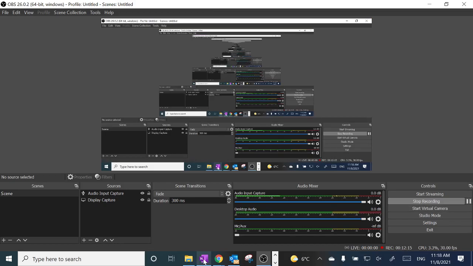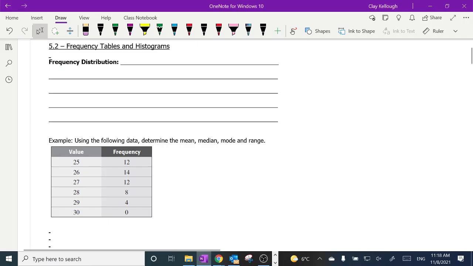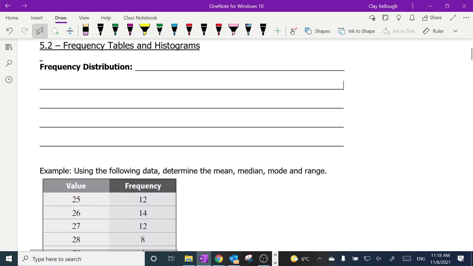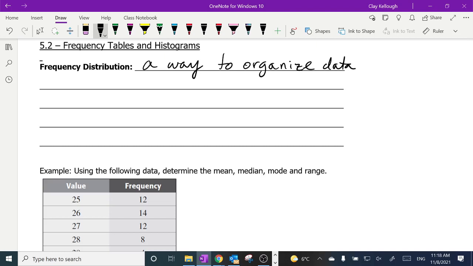Okay, sorry about that. Let's get rolling. First, we need to do a couple of definitions here. What is the definition of a frequency distribution? A frequency distribution is a way to organize data sets, I should say, into intervals.